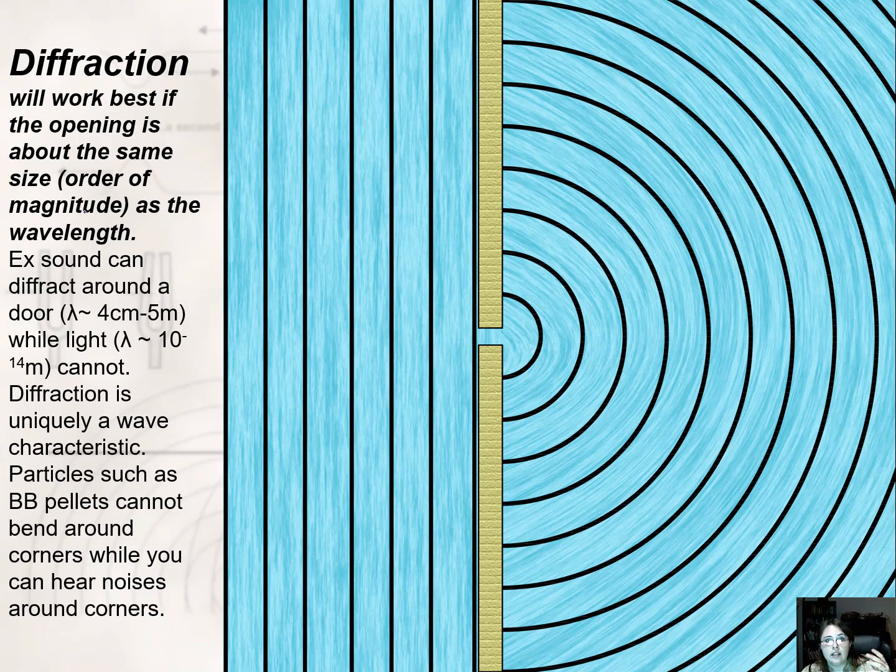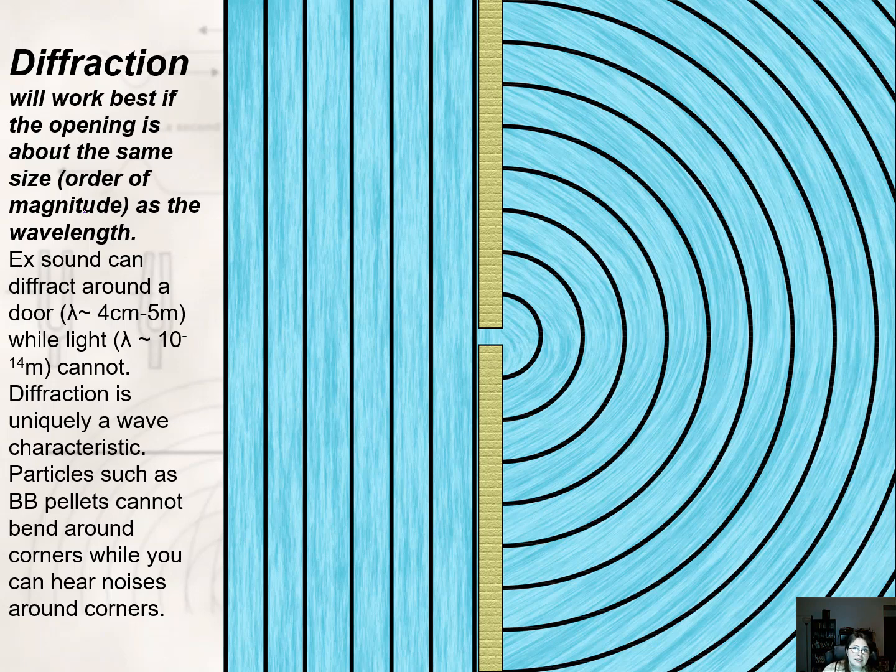That's why you're able to hear a sound wave, even though it isn't going directly through the opening of the door. So diffraction applies to any wave, but not to particles.